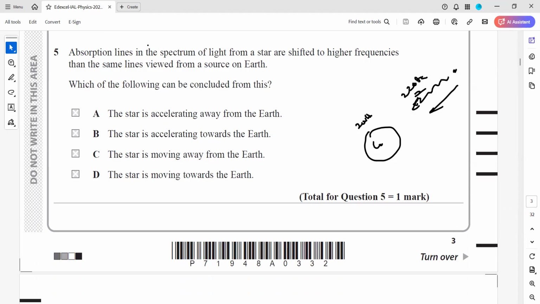Because if the frequency increases, it is moving towards us. If the frequency decreases, it's moving away. So the star is moving towards the Earth. The star is accelerating away? Here also, the star is accelerating. If the star was accelerating, then the shift to a higher frequency should also keep changing.